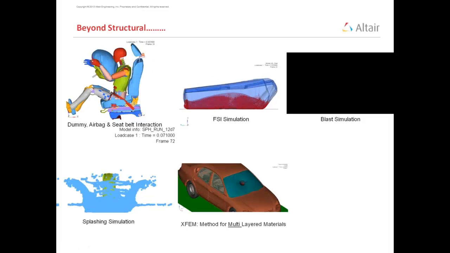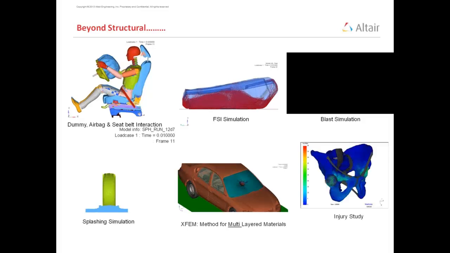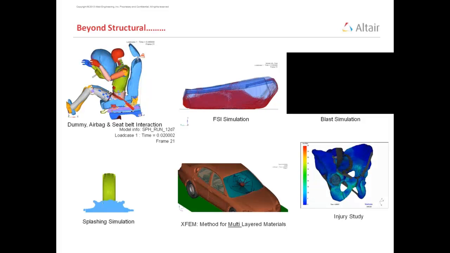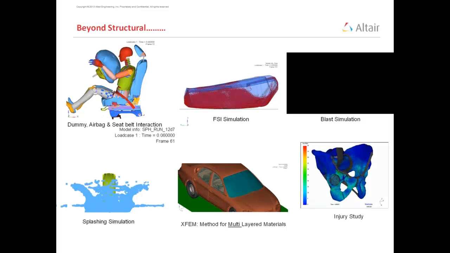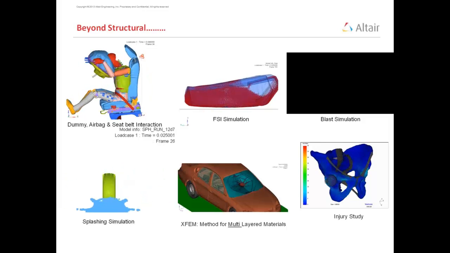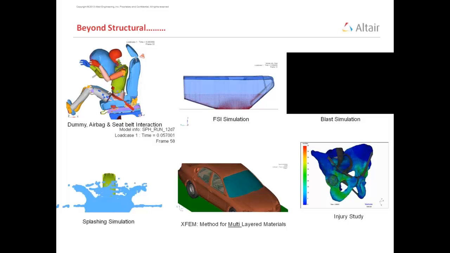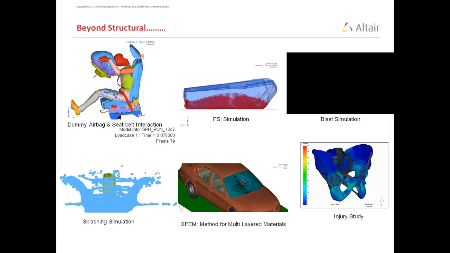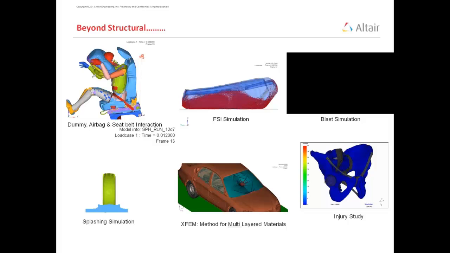And in the biomedical field, people also study injuries, because there are human models available, so people also do injury studies. So these are some areas to talk about. There are thousands of different areas where you will face extreme nonlinear events, and in all those areas you can use Radioss.